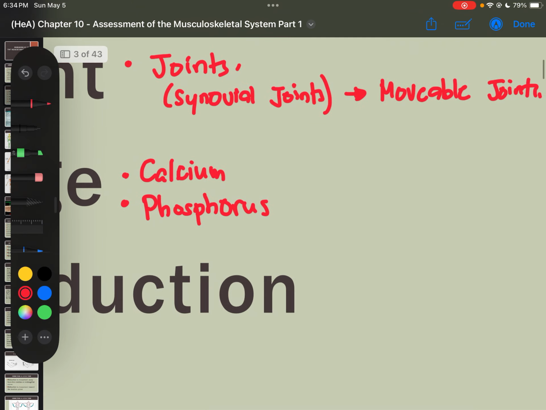If you do not know the normal and abnormal lab findings for calcium and phosphorus, always remember, class, that calcium is 9 to 11.